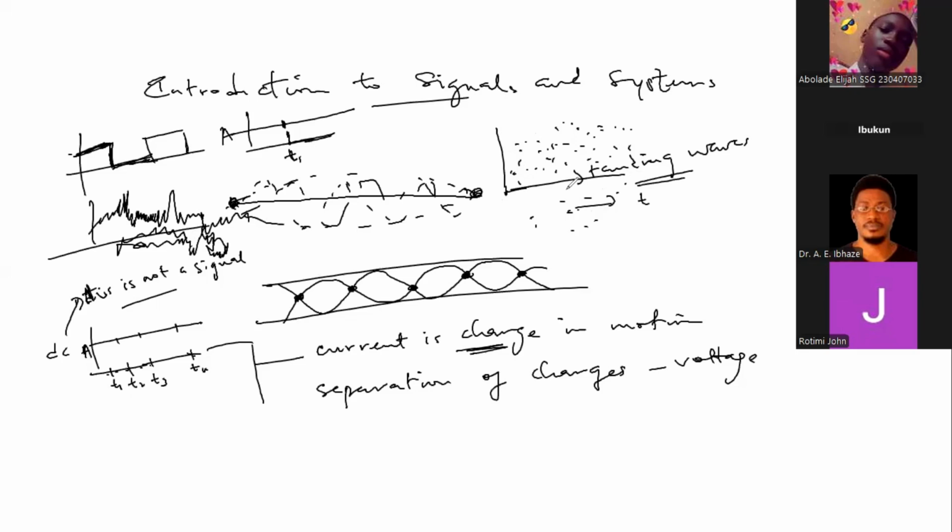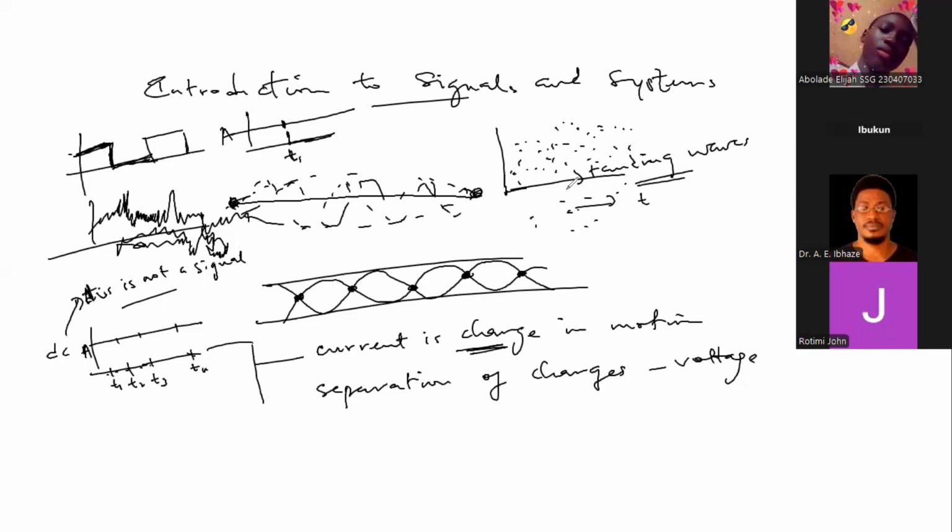Now, the fact that a particular function is in motion does not really make it a signal. Now, we only have a signal when some parameter is changing with respect to another parameter.